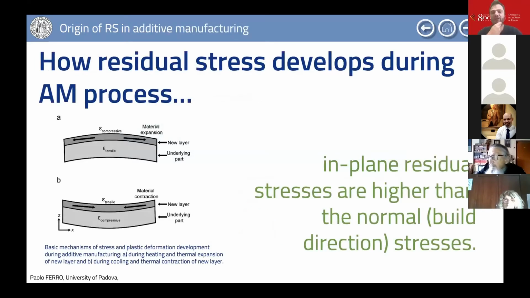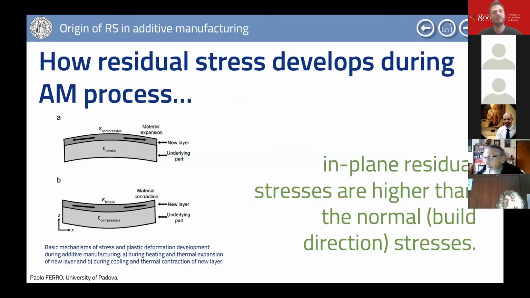When we are considering how the residual stress develops in additive manufacturing components, we can also explain that using a simple schematic, as you can see in these pictures, in which the last layer, that is a melted layer during additive manufacturing, because of its expansion, tends to undergo compressive stresses.